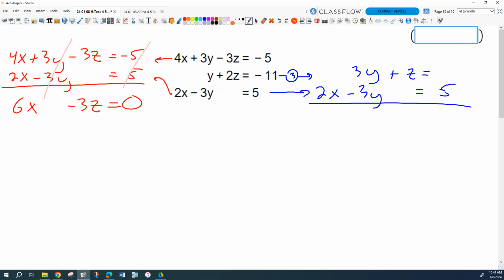So if I multiply by 3, that's going to give me a 6z and a negative 33. Add those up, and the y's cancel, and I get the other equation, 2x plus 6z equals negative 28. And now I've got two equations I can push together and make a simpler system.